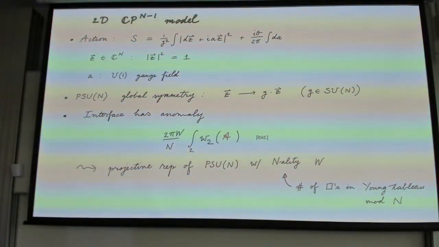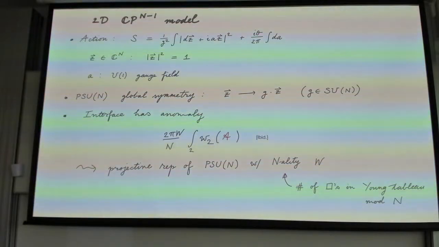Okay, and so from this anomaly, you conclude that the interface has to transform in a projective representation of PSU(N) with anomaly W. W again being, what is W?